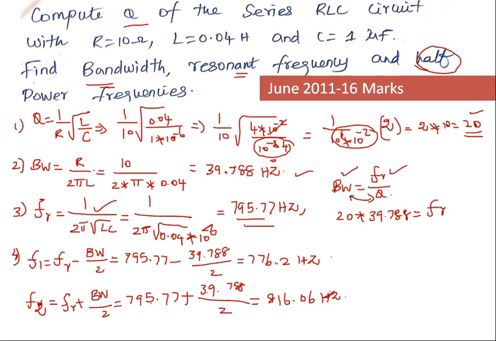So in this problem we found quality factor, bandwidth, resonant frequency as well as half power frequencies. Except quality factor, we should put unit for all the parameters. Don't forget to include unit. So with this, question number 2 is over.